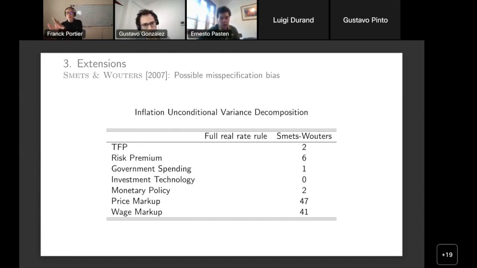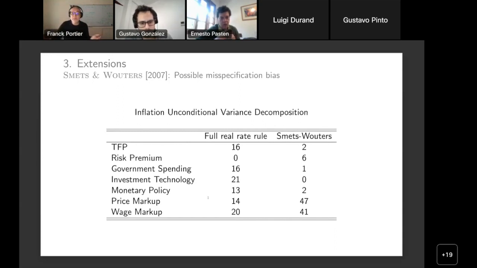So now what I can do is estimate the model with my full rate rule that encompasses that one. If the true rule is the Taylor rule of Smets-Wouters, I'm going to find exactly the same thing. So if I do that, that's what I get. It's a dramatically different view of what is moving inflation in the US.